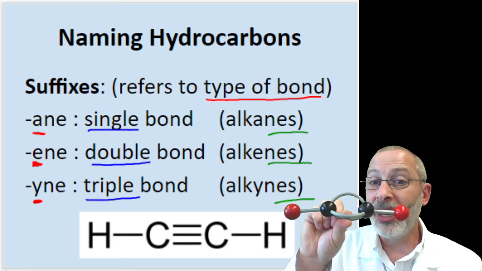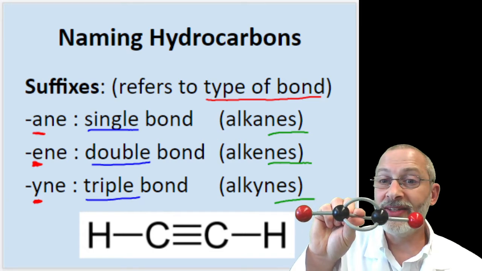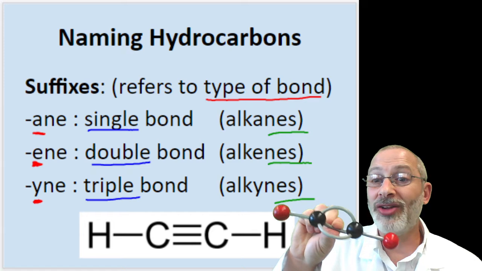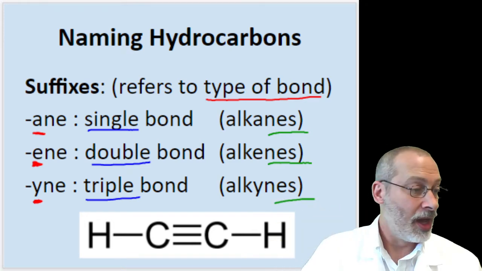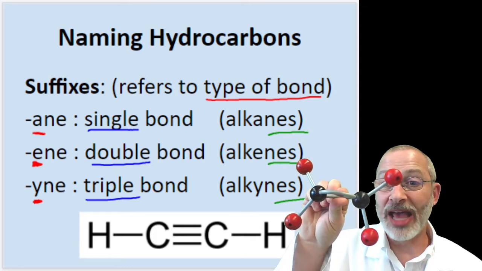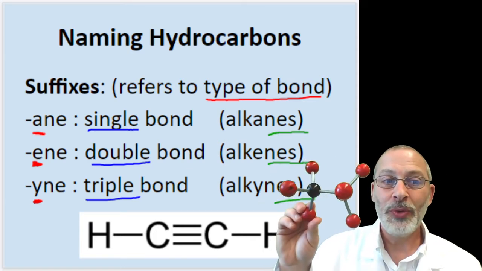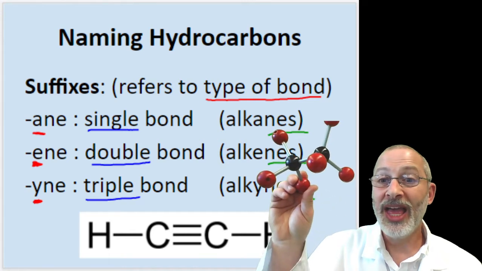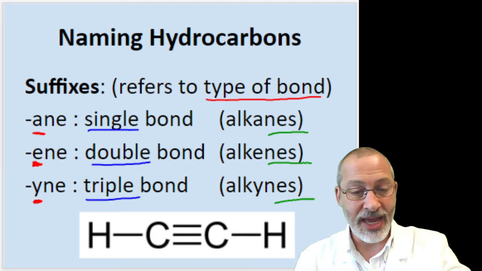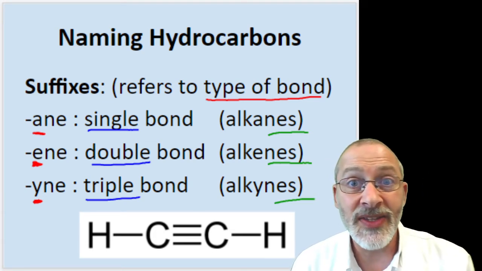Eth. The name of this substance would be ethyne. This is ethyne and belongs to the alkyne group. Unlike ethene, which belongs to the alkenes, and ethane, which belongs to the alkanes.